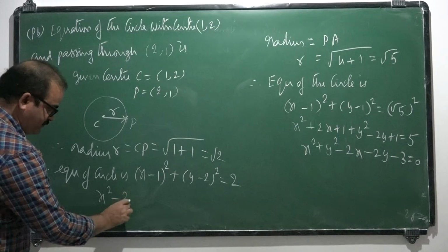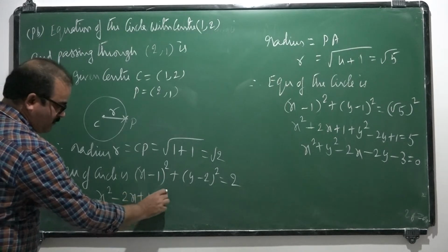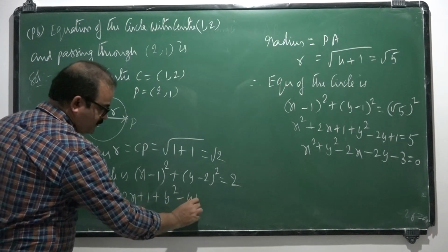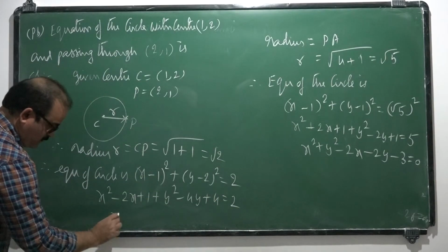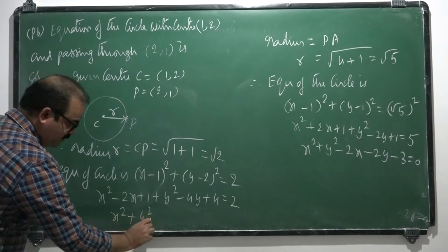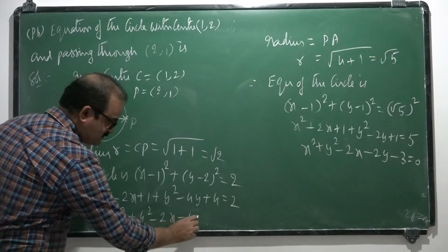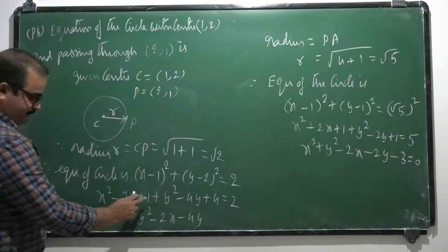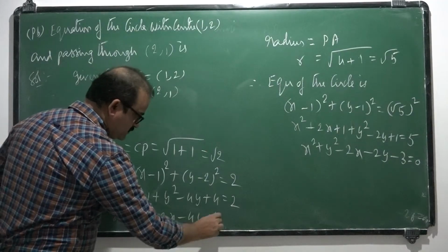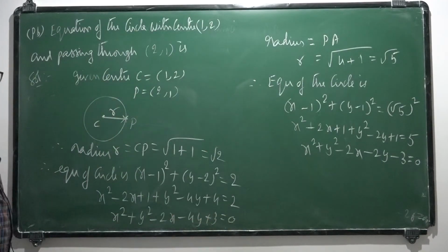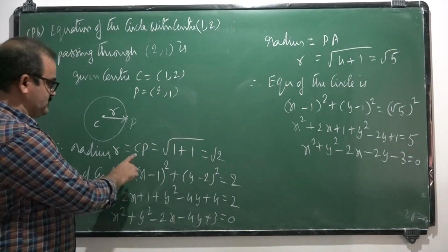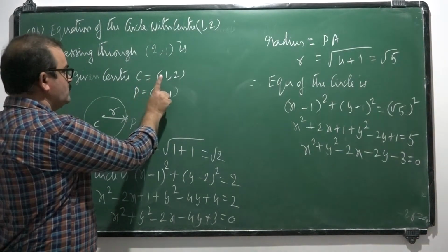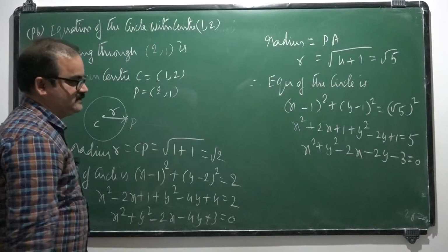Expand this: x square plus y square minus 2x minus 4y plus 5 minus 2 is equal to 0, that is plus 3 equal to 0. So in any problem, to find the equation of the circle, we must know the center and radius.